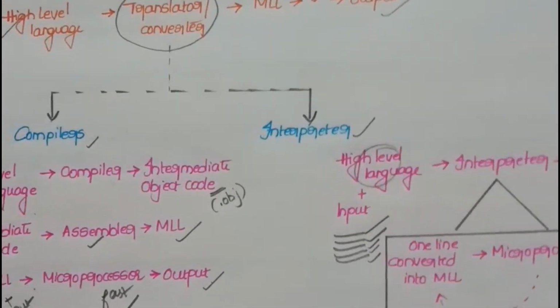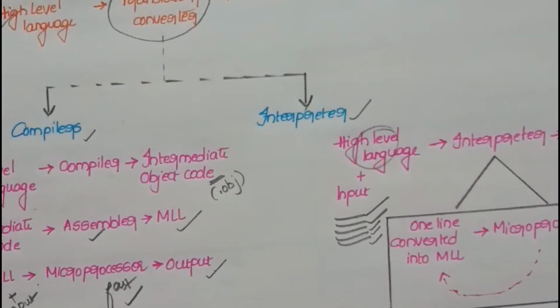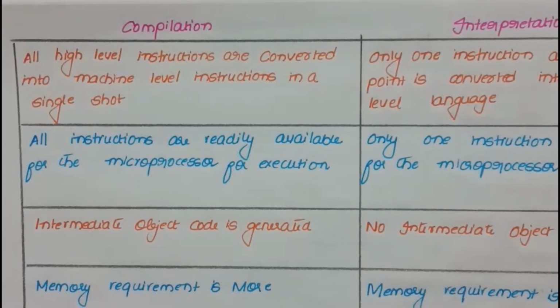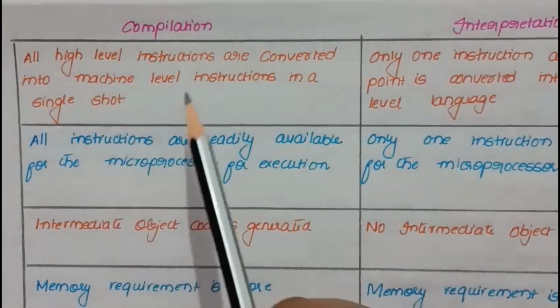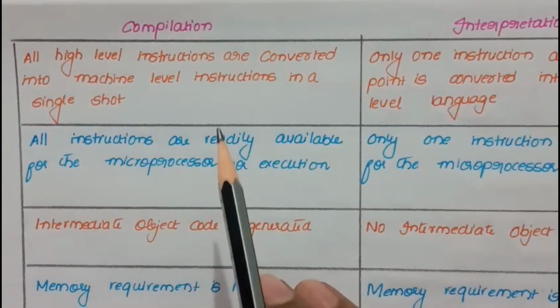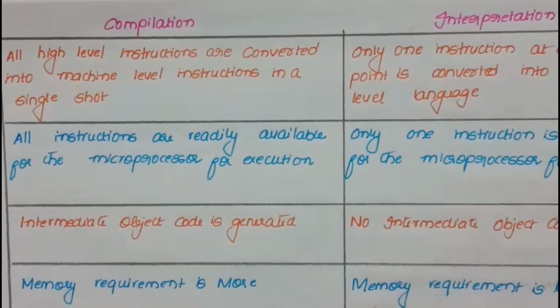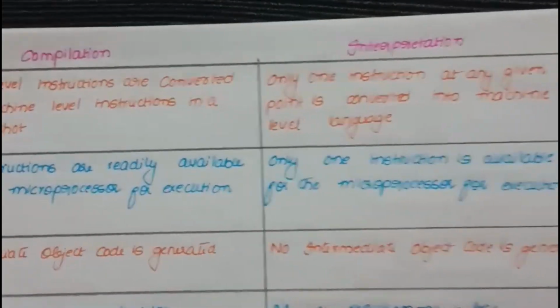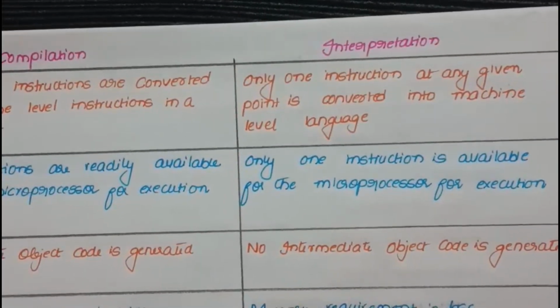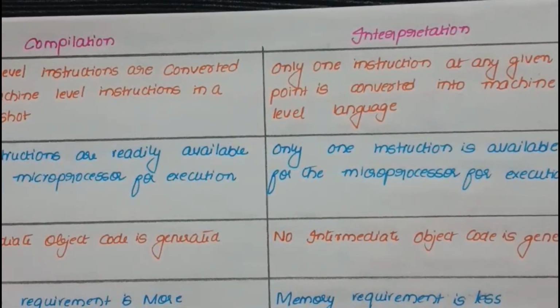Let's see the differences between compiler and interpreter in a tabular format. These are the primary differences between compilation and interpretation. In compilation, all high-level instructions are converted into machine-level instructions in a single shot. But in interpretation, at any given point of time, only one instruction is converted into the machine-level language.